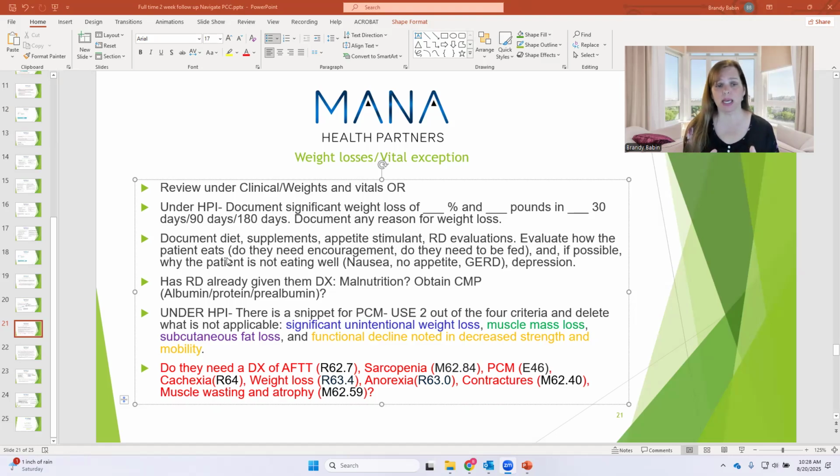So under HPI, there is a snippet for protein calorie malnutrition. In order to use that, if you've got a low albumin or a low protein, you're going to have to review it. And now we always review every snippet anyway and adjust it.